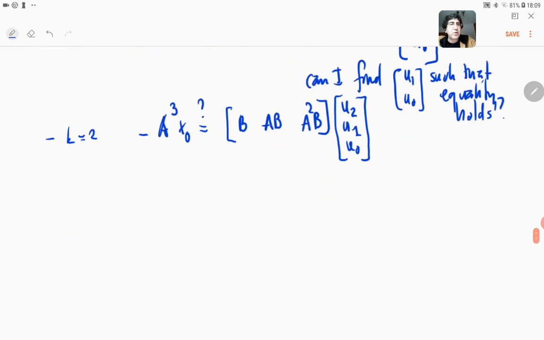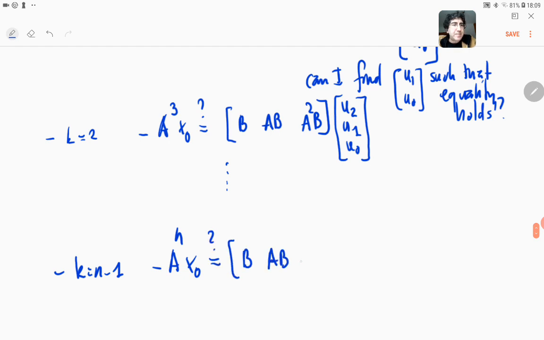Now, if you continue this up to k is equal to n minus 1, in this case, you will have minus A to the power n x0. Can it be made equal to [B AB ... A to the power n minus 1 B] times u(n minus 1), u(n minus 2) up to u0?